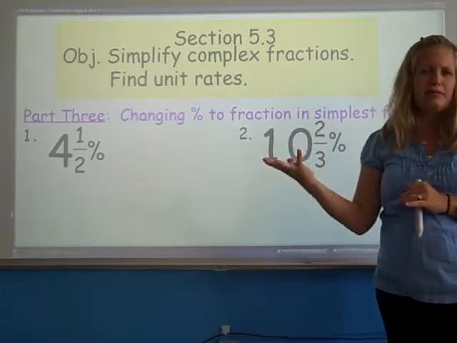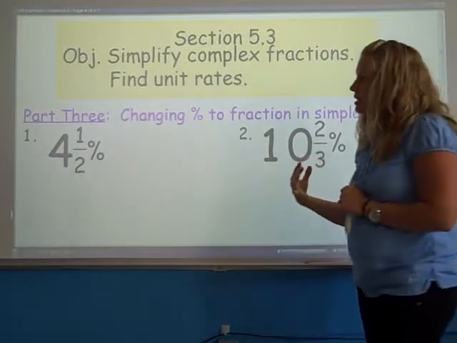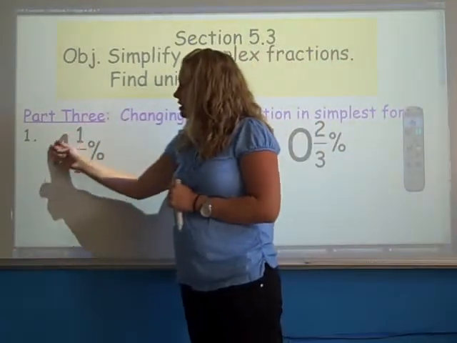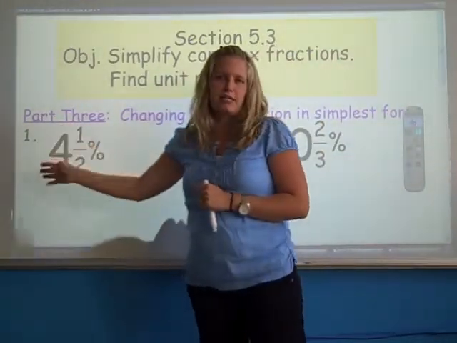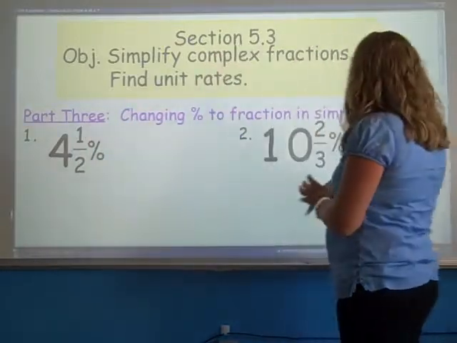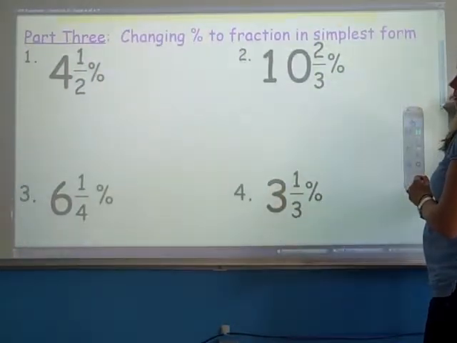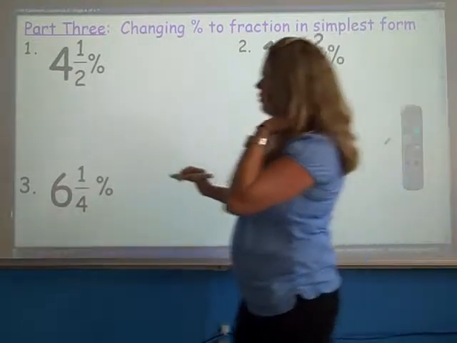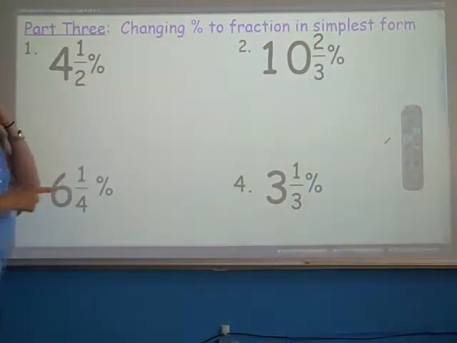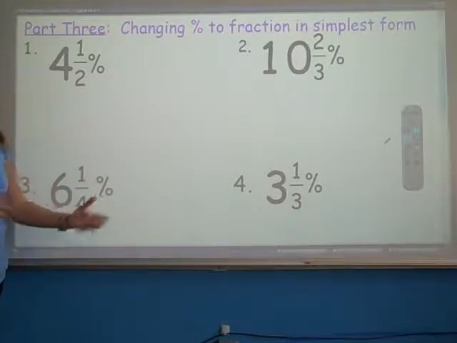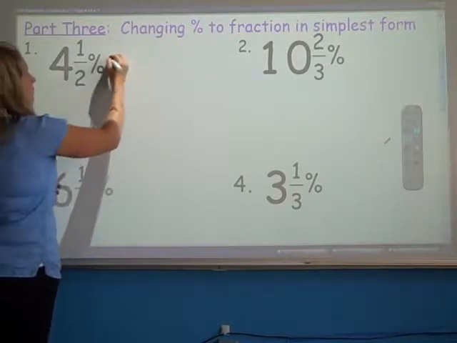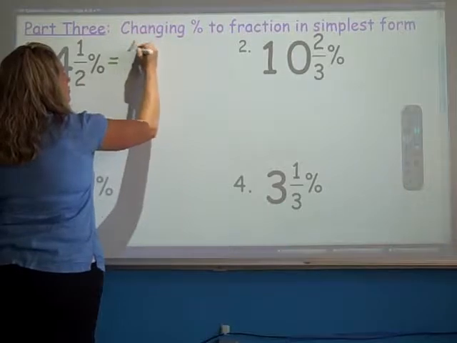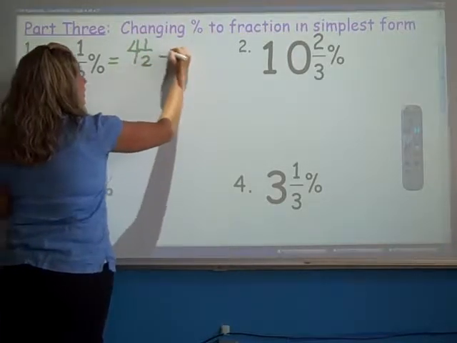Now you're probably wondering, why is that all of a sudden in here? Well, because we're going to have percents that have fractions inside them. So we're going to have complex fractions that way. I'm going to do 2 with you, and then you're going to try 2 on your own. 4.5%. Now you have to remember, percent means per 100. So this means 4.5 divided by 100.